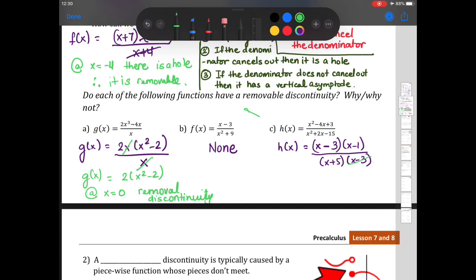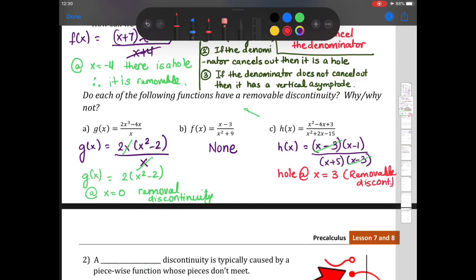Now what happens here? Look, this cancels. So in this question, we have a hole and a vertical asymptote. There are two things, so let's write it out. Hole at x equals 3. That's your removable discontinuity. You have to know the names of these.